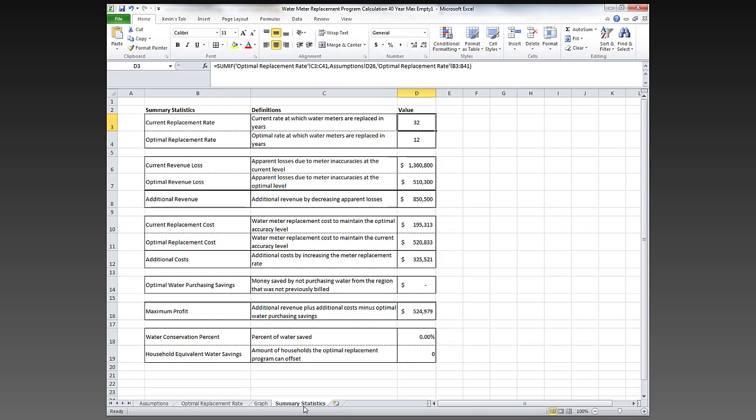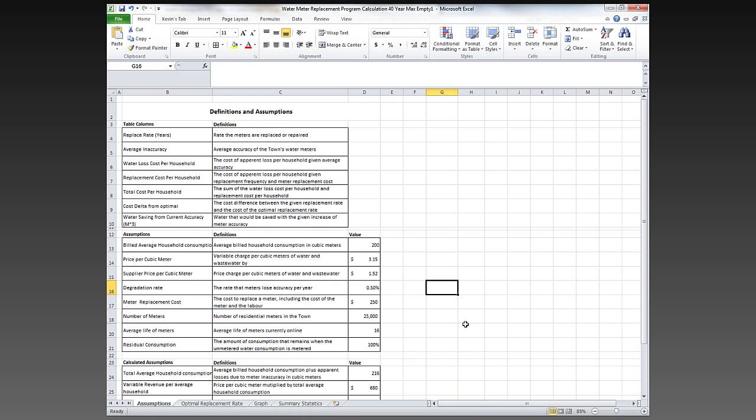Then if you go here, it tells you your current replacement rate, which is every 32 years you replace your meters, and this is how much you should be replacing your meters. It also tells you your current revenue loss and your optimal revenue loss, your current replacement costs, and then your optimal replacement cost. According to this model, if Newmarket switched from a 32-year replacement rate to 12 years, we'd profit $500,000.